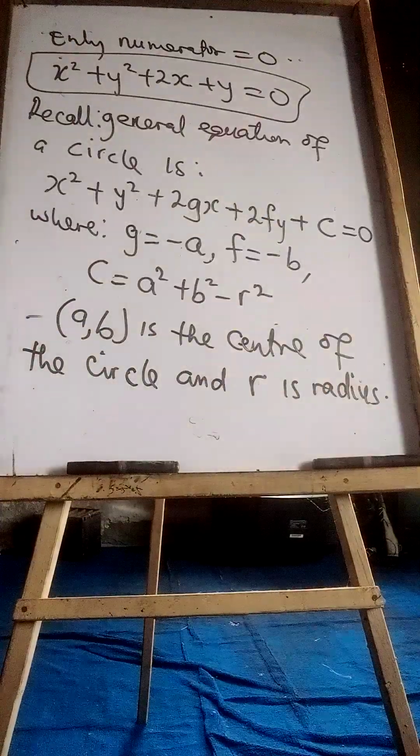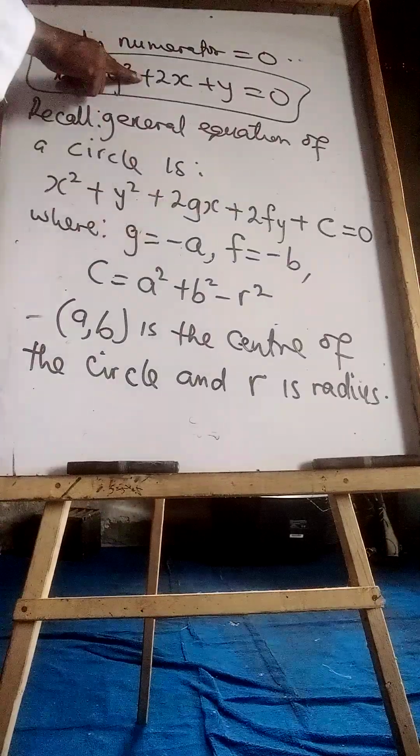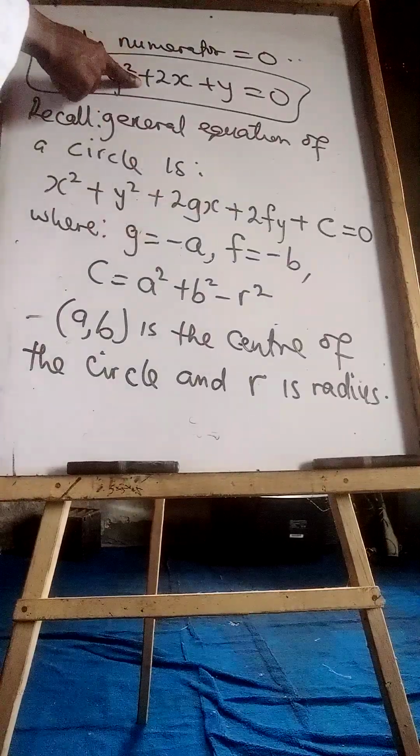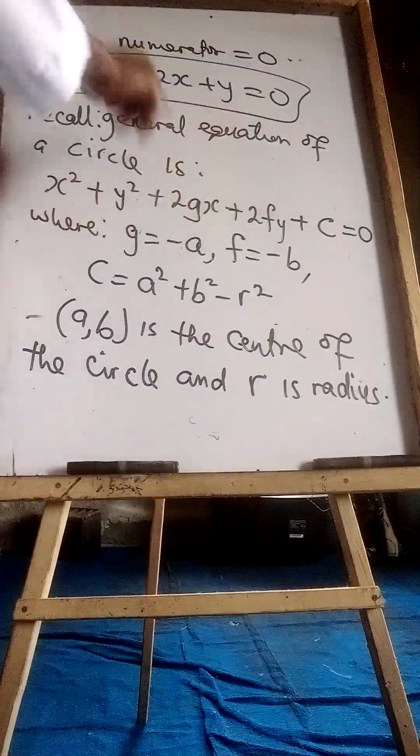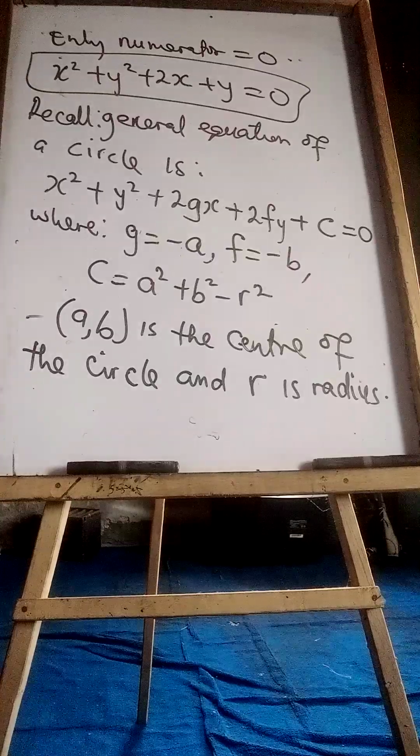So I'm going to now compare this equation I arrived at from working on the complex numbers given with this general equation of the circle, and let's see what is going to come out of it.